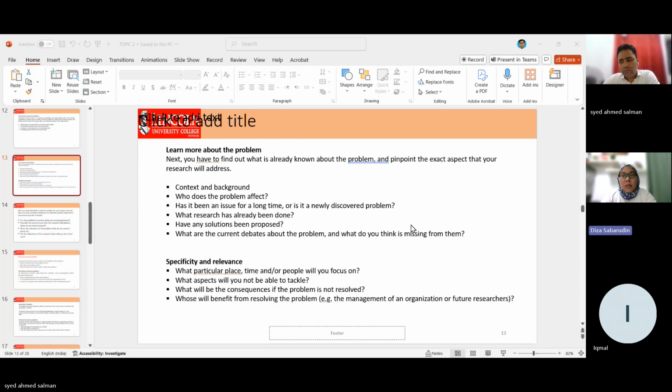Number one, contextualization of the issue. In the digital age, social media platforms such as Instagram, TikTok, Twitter, Facebook, and WhatsApp have become integral to students' daily lives. In Malaysia, particularly among students in private universities, the proliferation of smartphones and affordable internet access has led to increased engagement with these platforms.